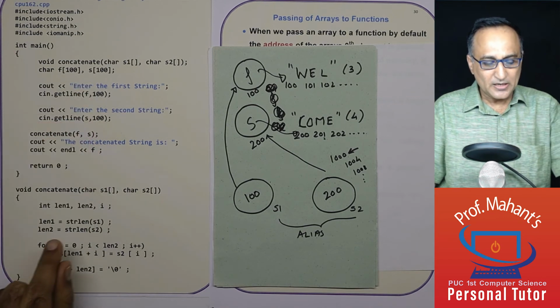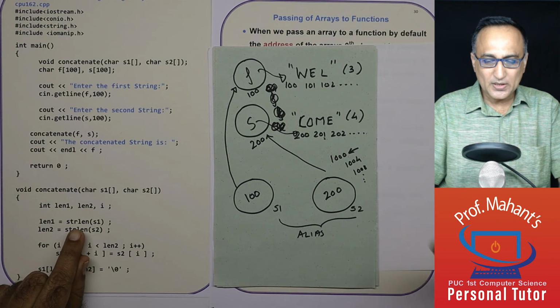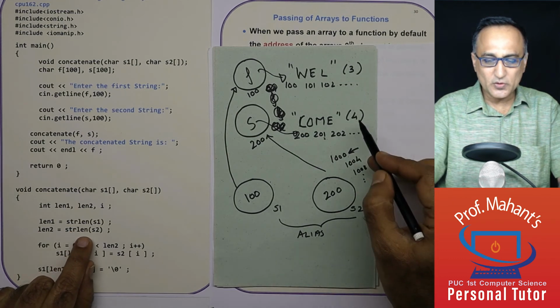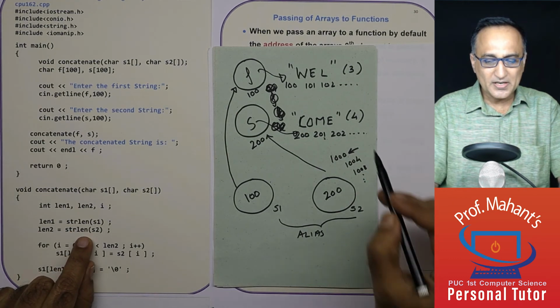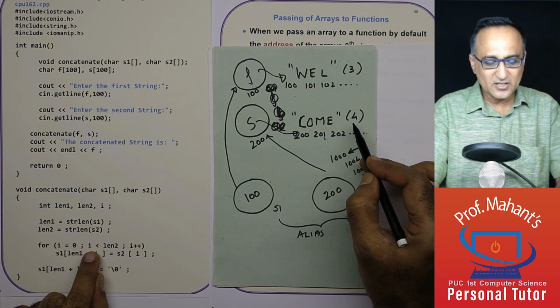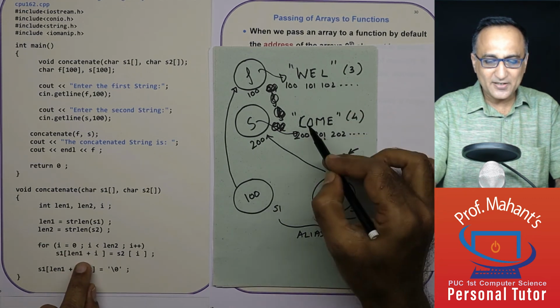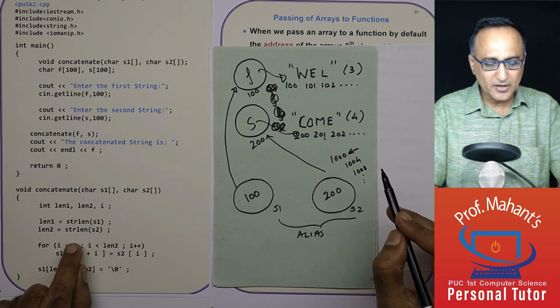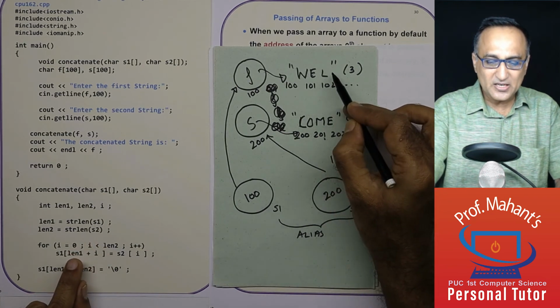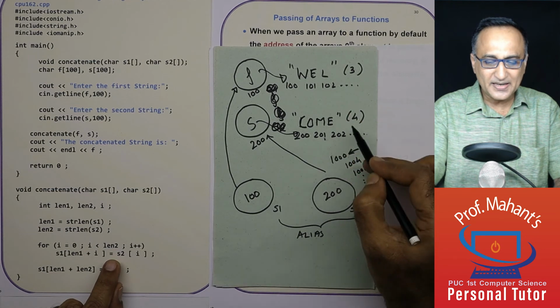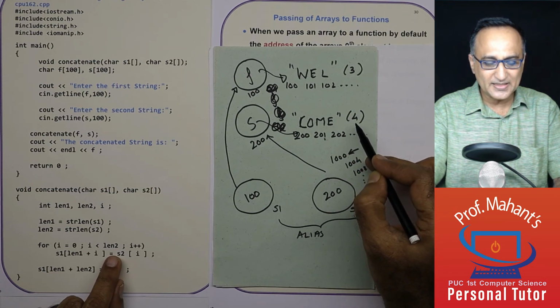Now length of S1 is 3, length of S2 is 4. So I need to copy, with I from 0 while I is less than 4, after L I need to copy C. So in this particular loop I am copying COME. The minute I hit a null here, or I equals the length, I come out.